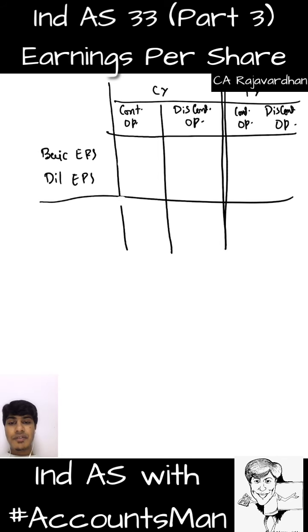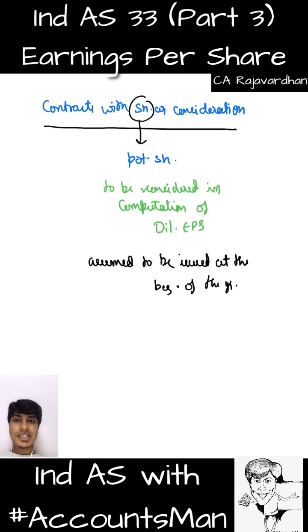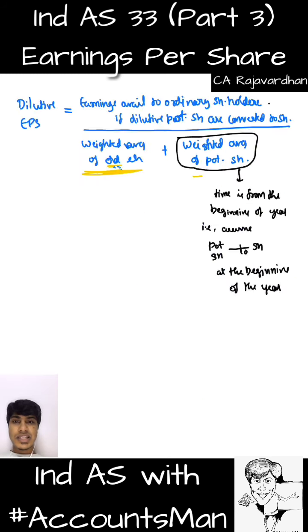So it has to be computed for every item. Continuing operations basic EPS current year, and discontinuing operations current year how much is diluted EPS. And for the previous year also we need to compute for continuing operations and for discontinuing operations basic and diluted EPS separately.